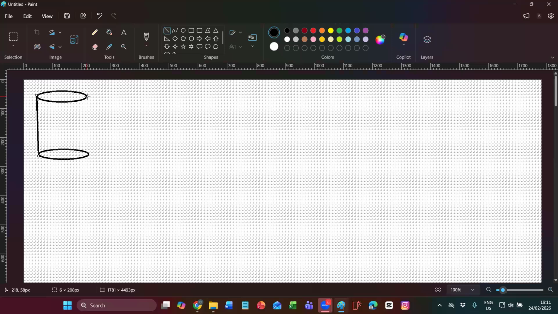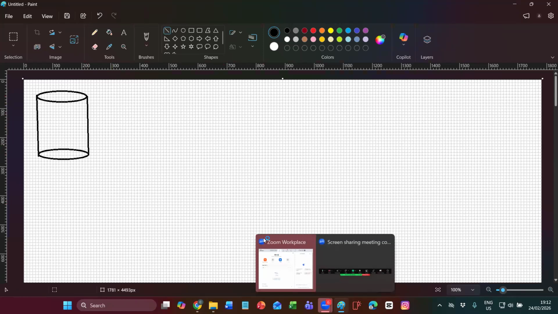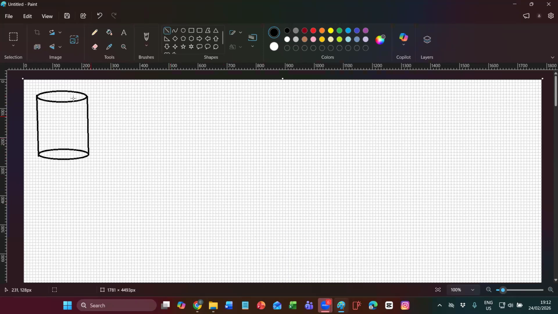It's not a perfect cylinder, but at least you have an idea of what I'm drawing. So this is a cylinder, right? You remember those times when you stretch. Can you see my screen? Yes, sir. Okay, good.